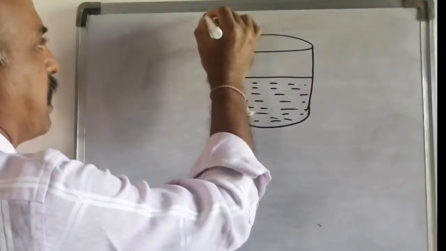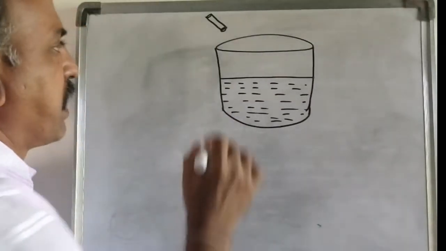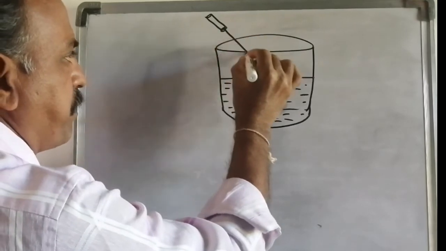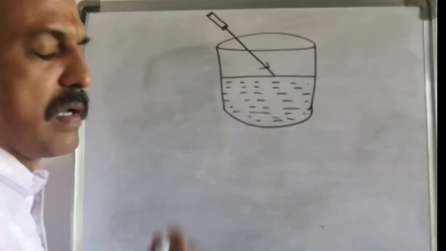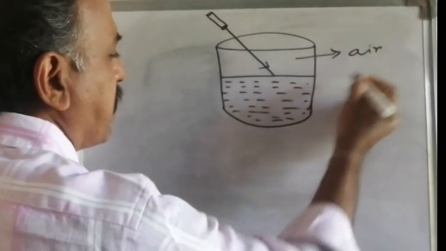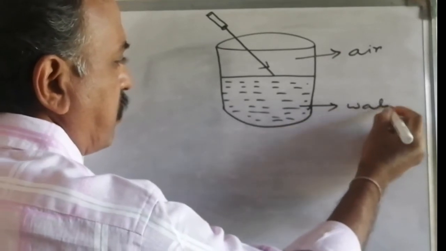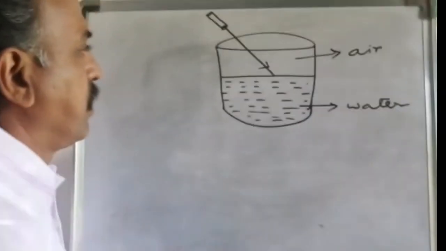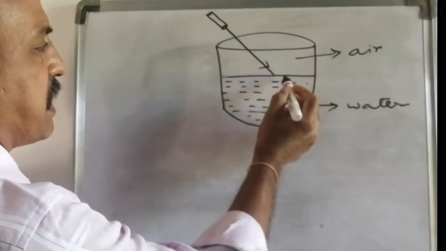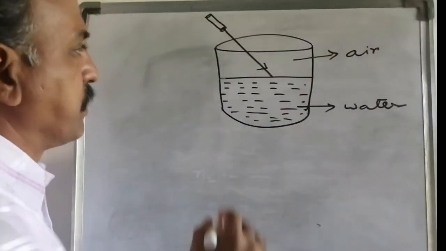Now take a torch that can focus a laser beam, and focus it through the air. This is air and this medium is water. This is the interface, which separates the air and water.